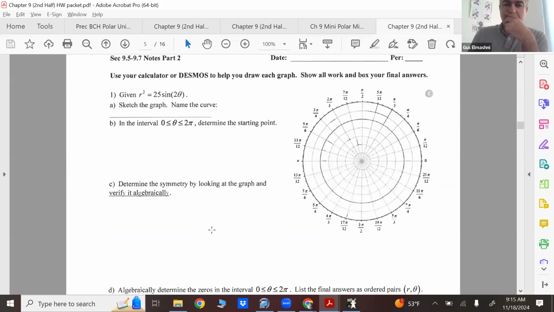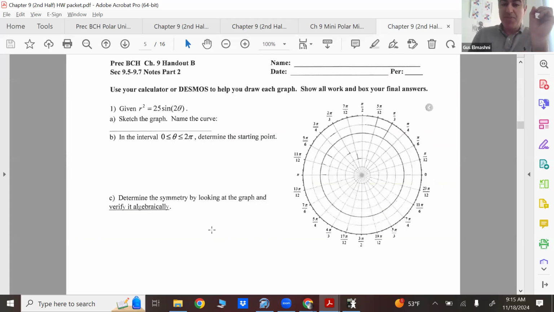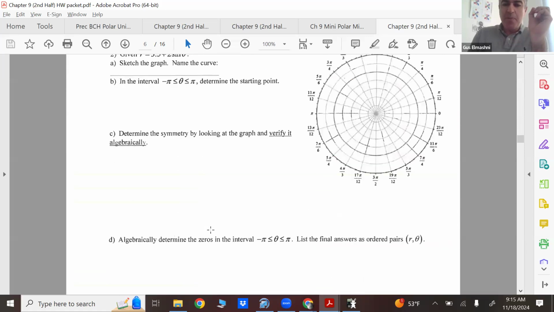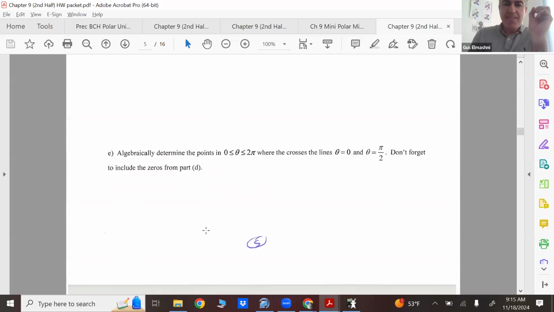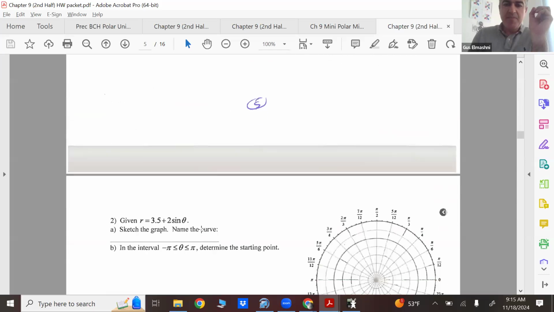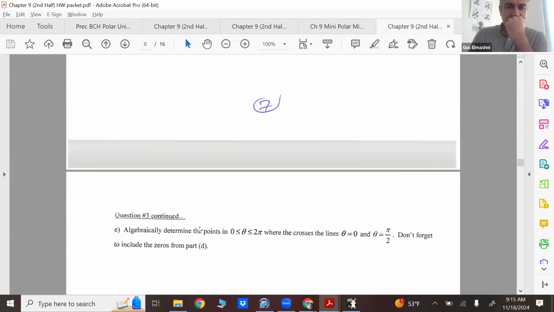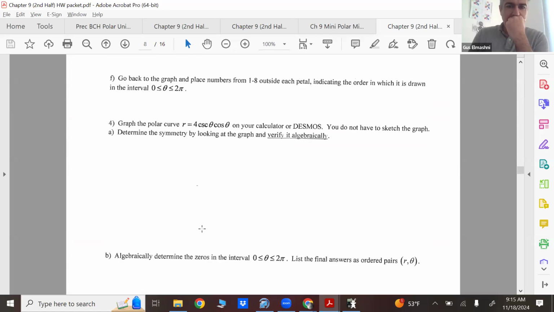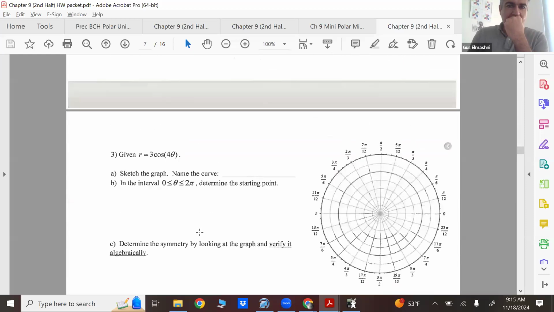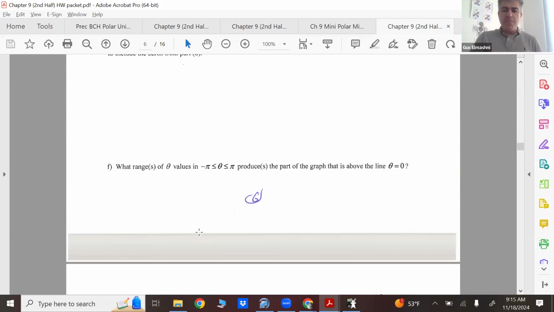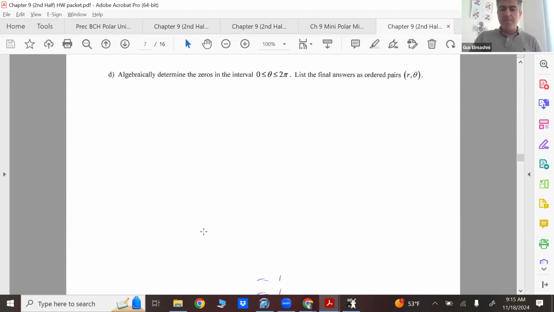Okay, I was thinking of assigning all of handout B as well, but that's way too much. It's a little much. Okay. I'll remove number three.